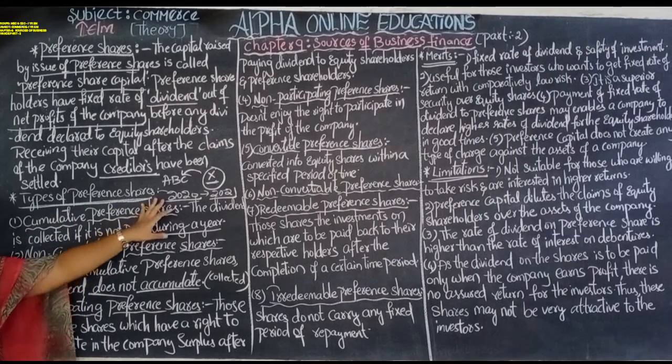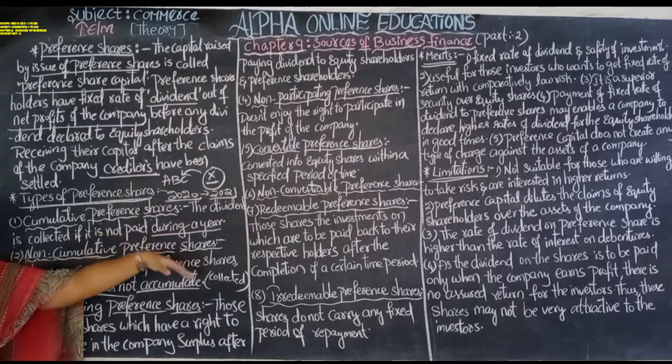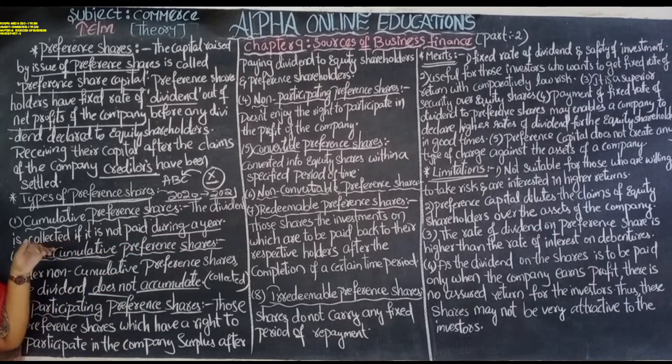If it is not paid in 2020, they have to pay in the future, in 2021. The company has to pay the dividend to preference shareholders if the shares are cumulative. If they are non-cumulative, there is no need to pay.